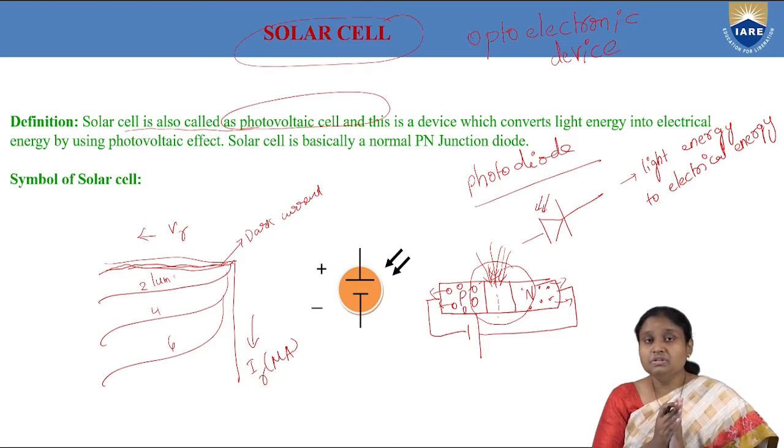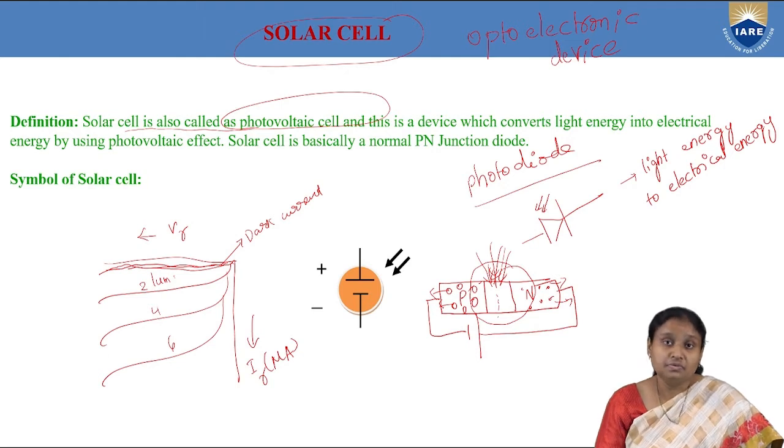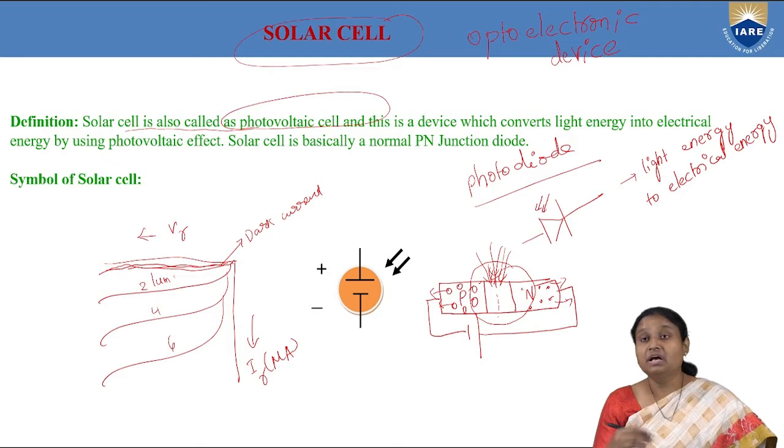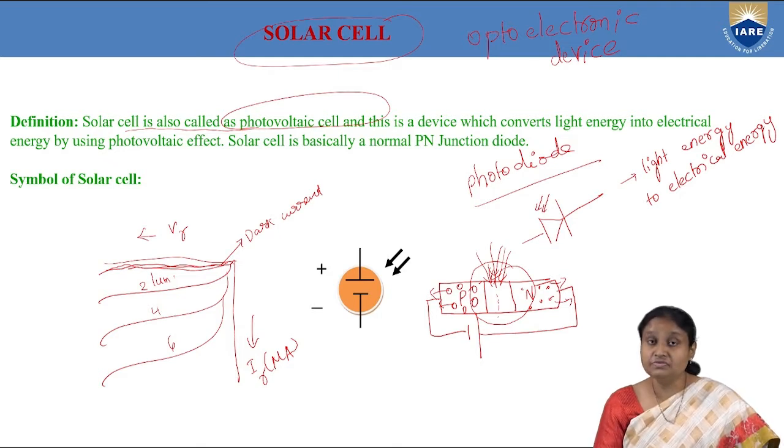Now, when I talk about the solar cell, why do I have to talk about this photodiode? Because in most comparisons, solar cell functioning is just like our photodiode. But in a photodiode, we make use of high frequency radiations, whereas in a solar cell we make use of solar light.